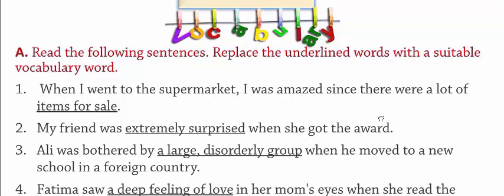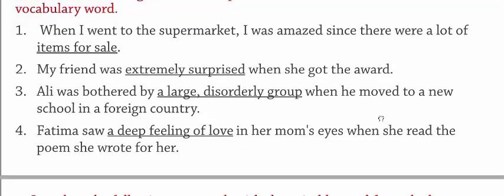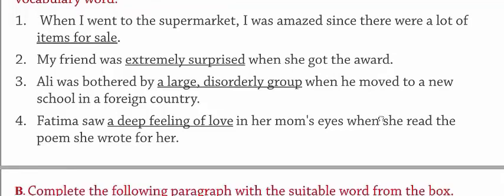Ali was bothered by a large disorderly group when he moved to a new school in a foreign country. A large disorderly group means. Sentence 5. Fatima saw a deep feeling of love in her mom's eyes when she read the poem she wrote for her. A deep feeling of love means.